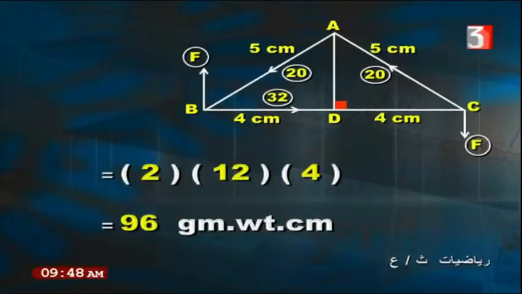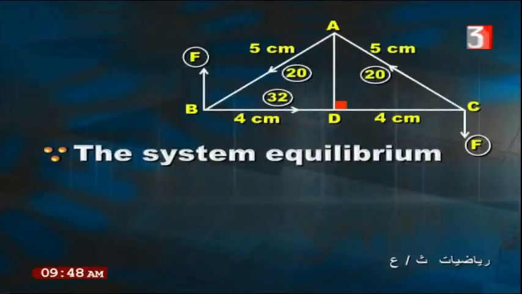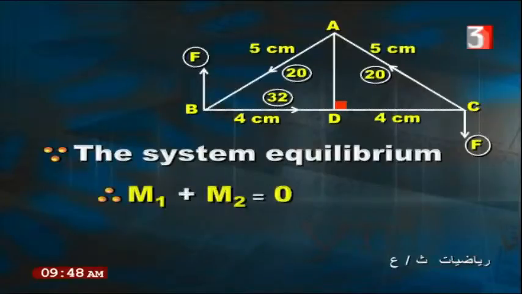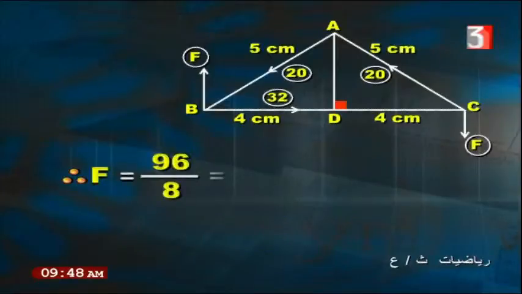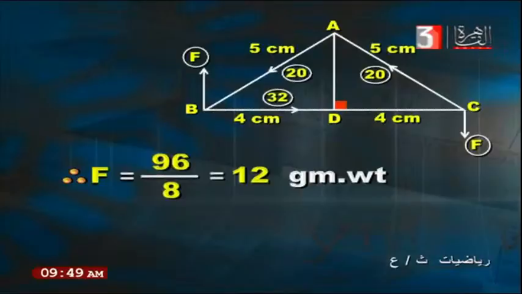Then it is easy to find the value of F. For equilibrium, the summation of the two couples' moments equals 0. Then F equals the moment of the first couple, 96, divided by the distance between the two forces, 8, which equals 12 gram weight. This is the value of F.